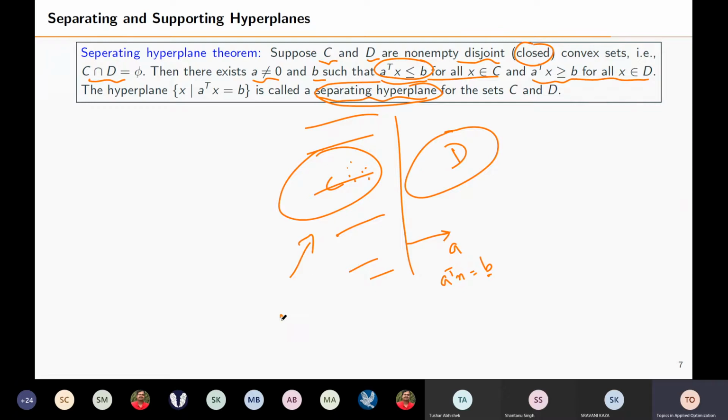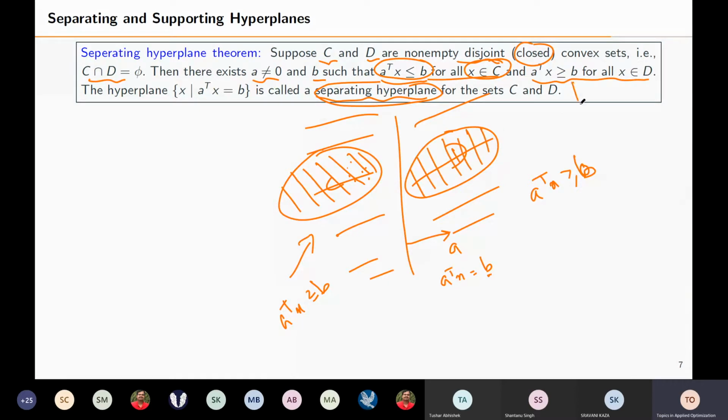So this is the half space A transpose X less than or equal to B, and on this side we have the half space A transpose X greater than or equal to B. But we are saying all X in C, so it boils down to only those points which are in here, and all those points which are here will be greater than or equal to B.